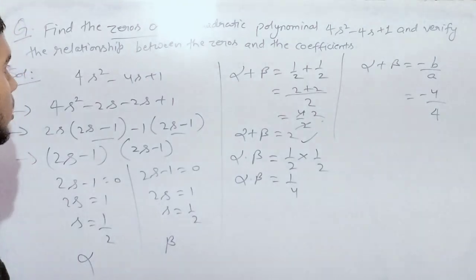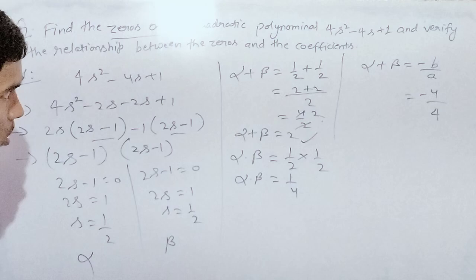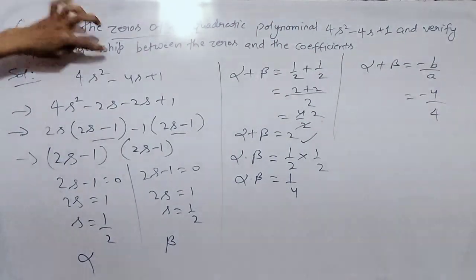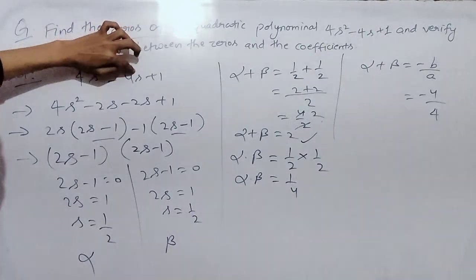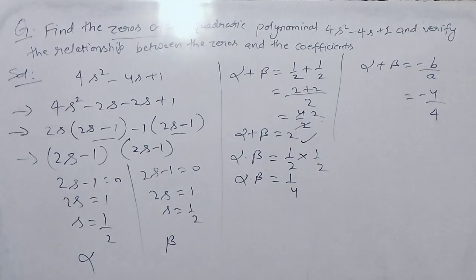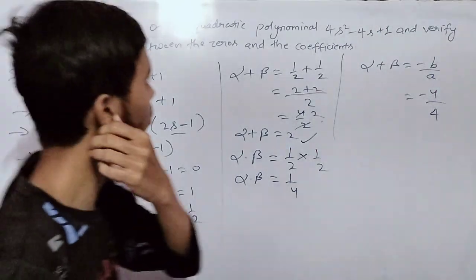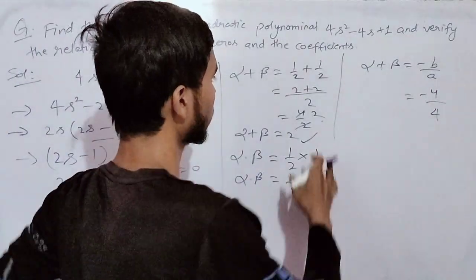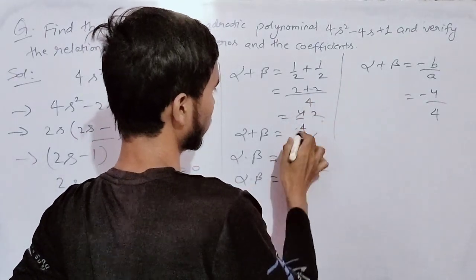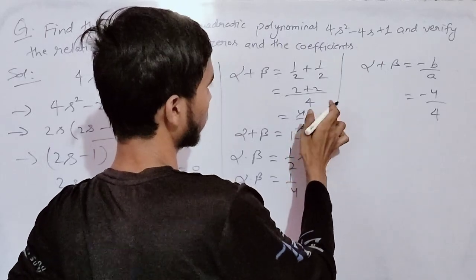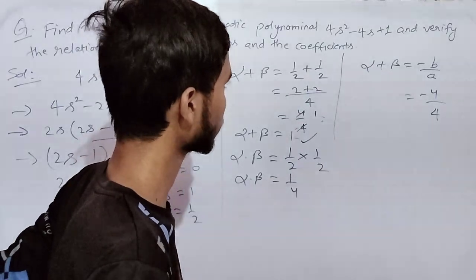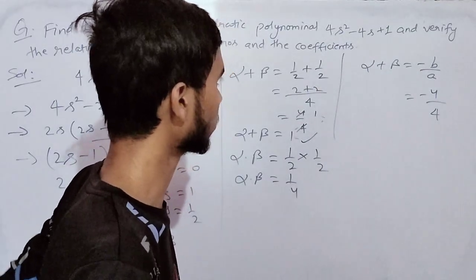Minus b upon a. So I think it should be 4, isn't it? It should be 4. Yes.